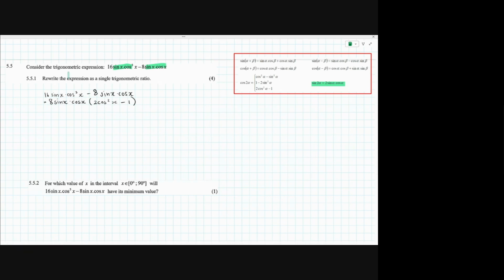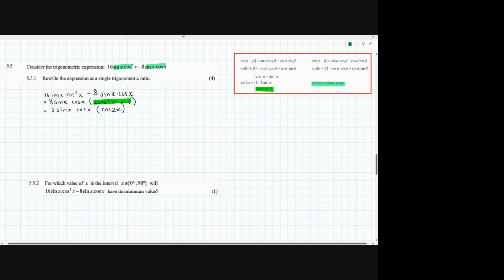If we have a look at our formula sheet and specifically our trig stuff, 2 cos squared x minus 1 is a cos double angle formula. Lovely. So this is going to simplify to 8 sine x cos x times, I'm just going to keep it in brackets for now, cos of the double angle, so 2x.